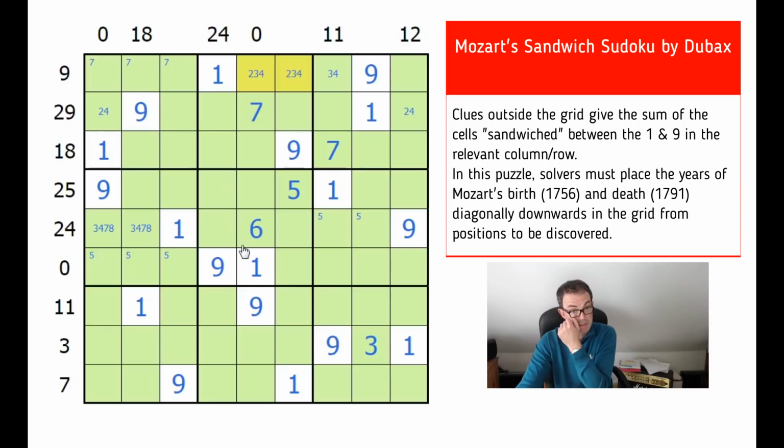Whoa, what am I missing here? Sorry about this. This is a bit of a hiccup. 29, 2, 4. So what are the options for this square? Because we've got 5 digits effectively in this row, this can be 3, 5, 6 or 8, I think.